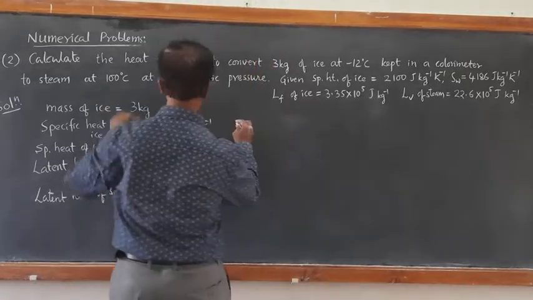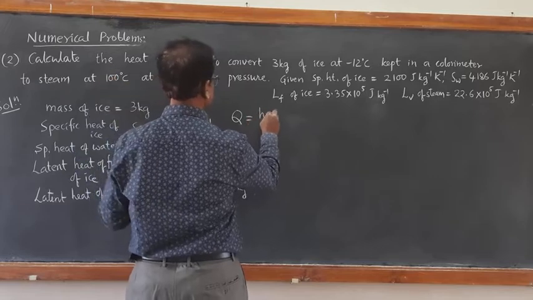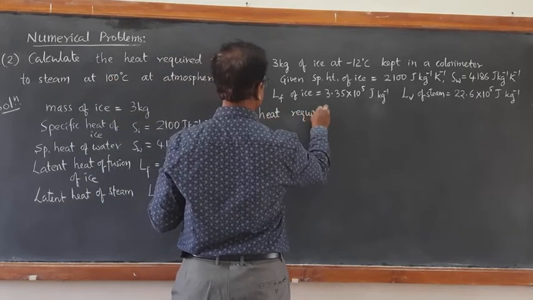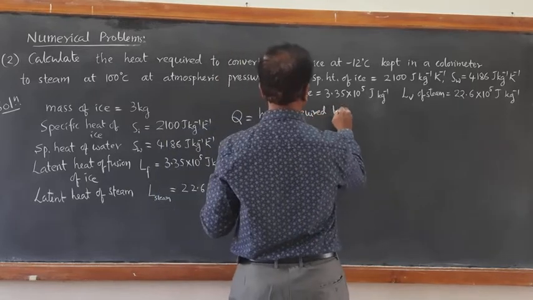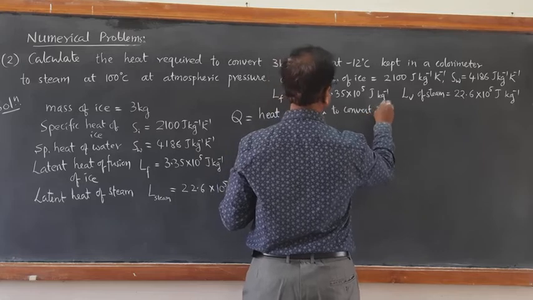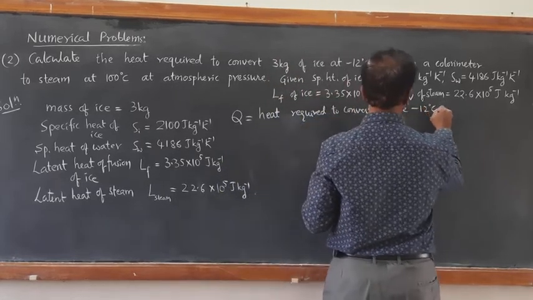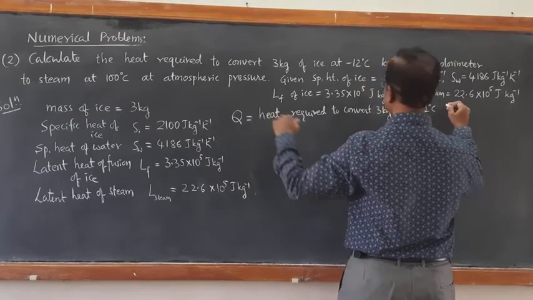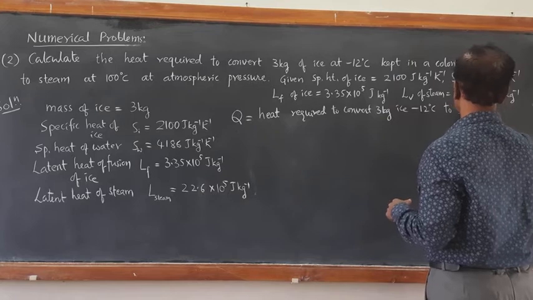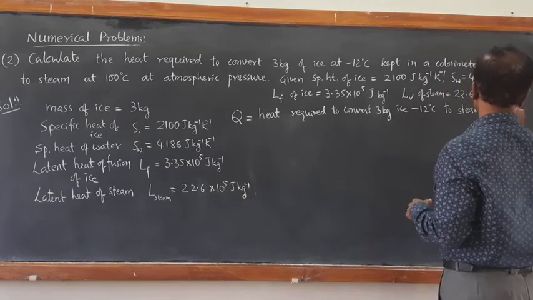So first, the total heat required to convert 3 kg ice at minus 12 degrees Celsius to steam of the same amount at 100 degrees Celsius.